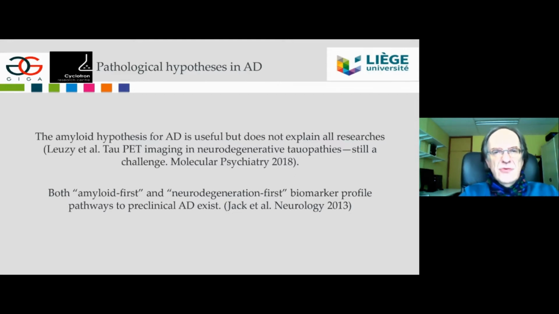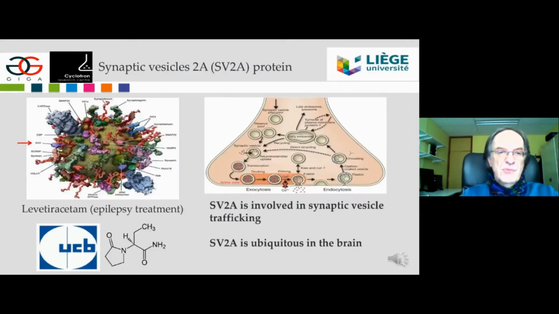So we need to understand the exact time sequence of the events, and for that we need a biomarker for each of those events. This is what was made possible with markers for the synaptic vesicle 2A protein.